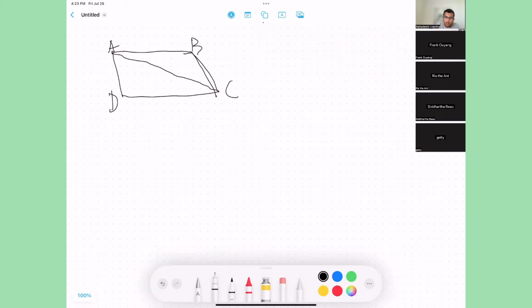A four-sided figure is called a quadrilateral, for those of you that didn't know. If you draw a line between two opposite vertices, that's called a diagonal. So here line AC is a diagonal.